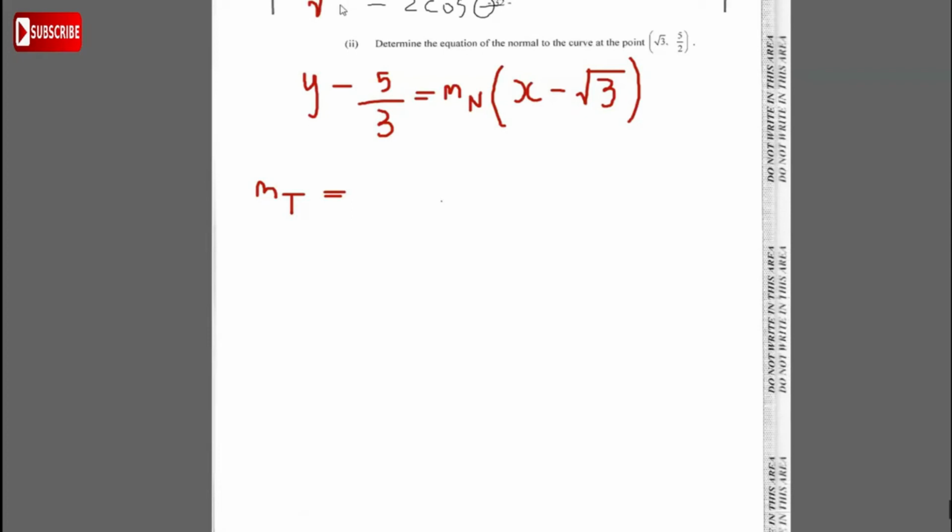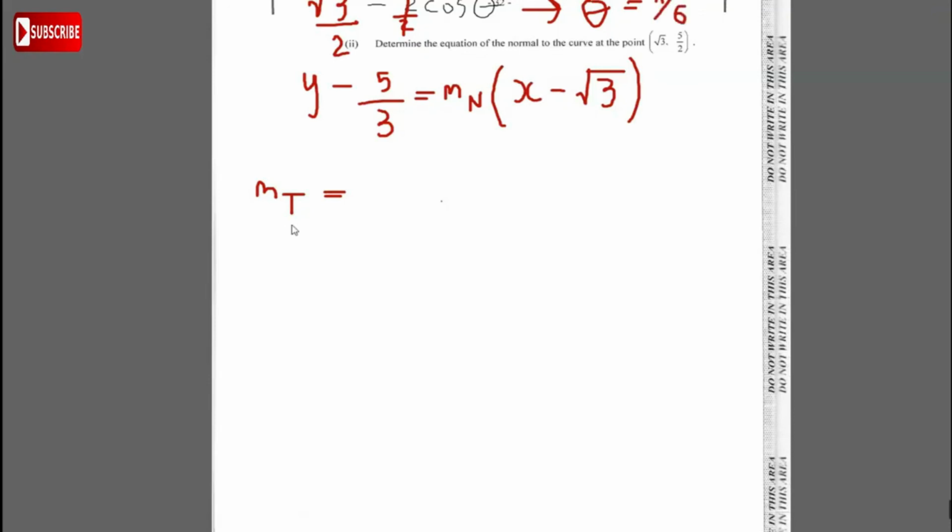We divide by 2, so that implies that theta must be equal to cos inverse of root 3 over 2. All I did was divide both sides by 2, and that will give you cos theta is root 3 over 2. For cos theta to be root 3 over 2, theta must be, is that 60? Cos of 60? No, the cos of 30. So theta is pi by 6.